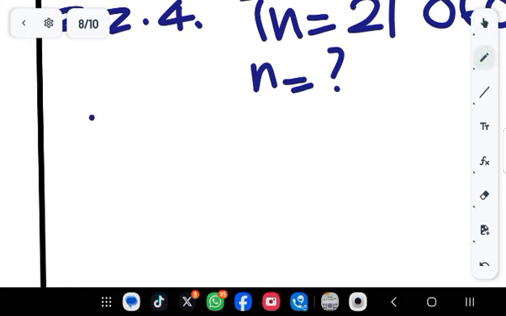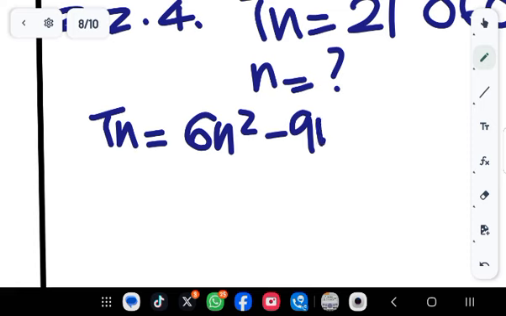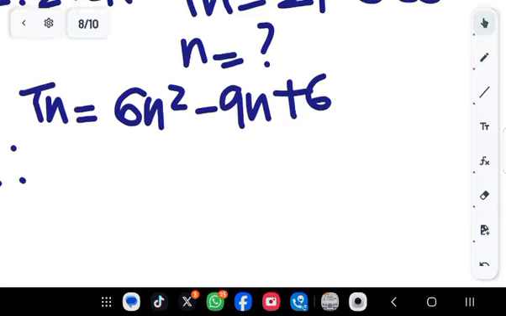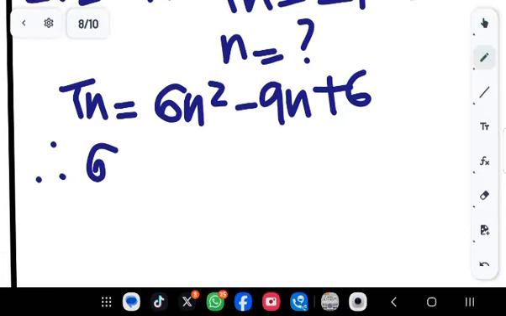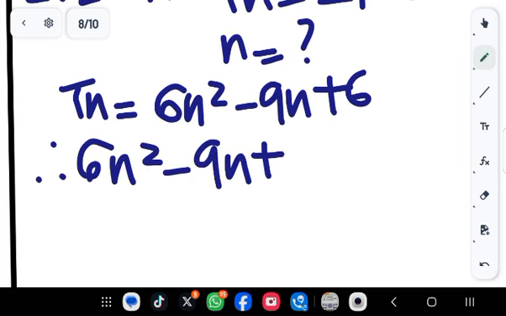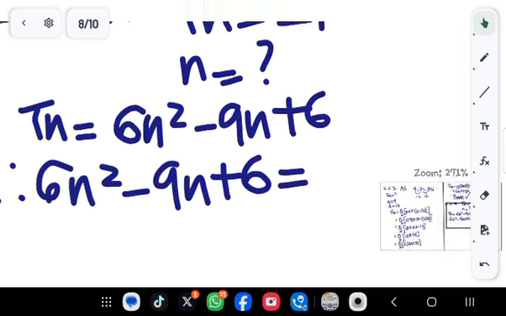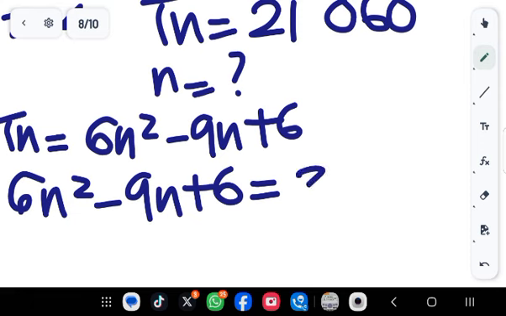So the general term of this quadratic sequence is 6n² - 9n + 6. Now we equate it to that. Therefore, 6n² - 9n + 6 equals 21,060.